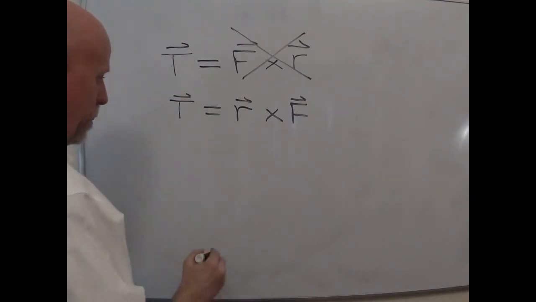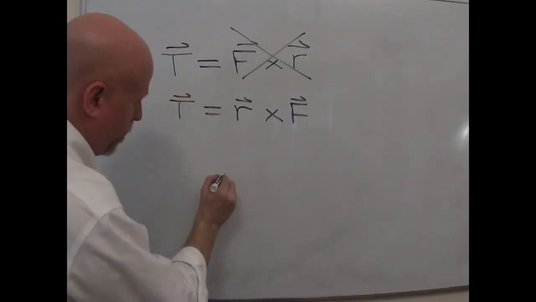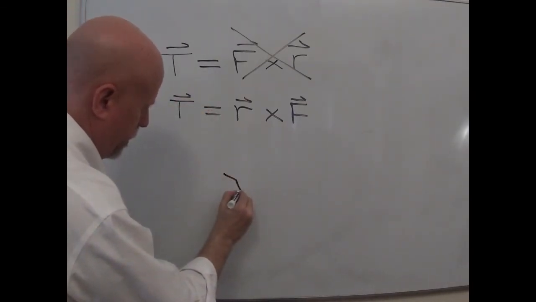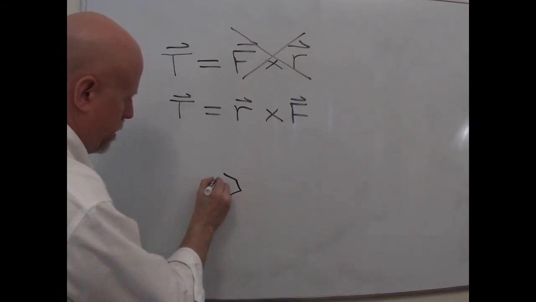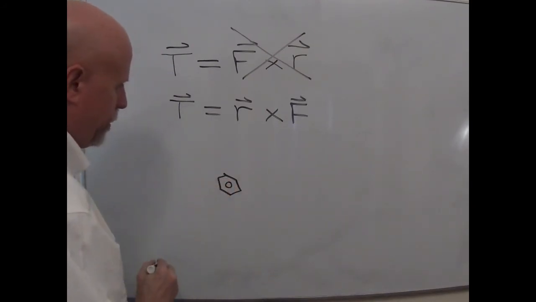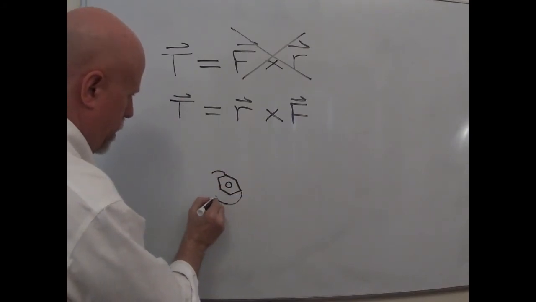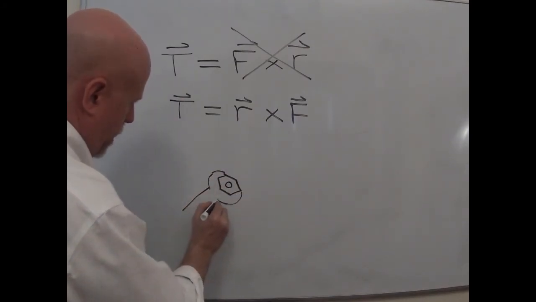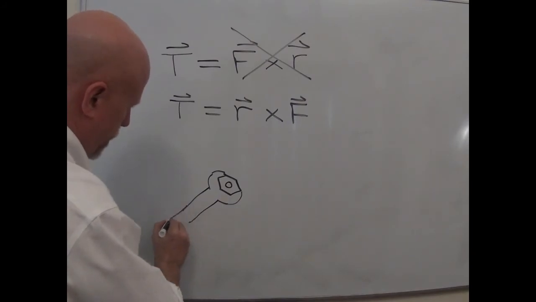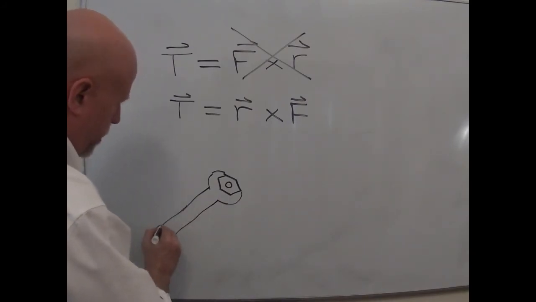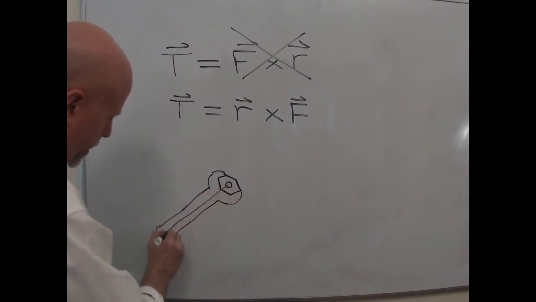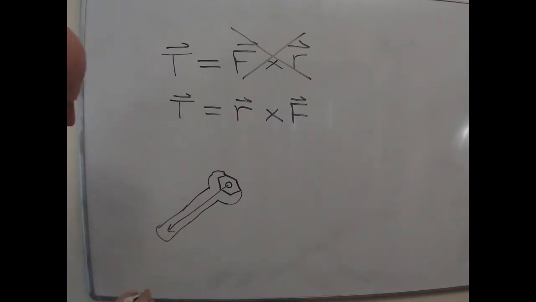So let's suppose we're looking down on top of a bolt. So we've got a hexagonal bolt there, and you put a wrench on it. I'm having a hard time drawing good wrenches today. I don't know why that is. All right, so our radial vector out to the point where force would be applied would be something like that.